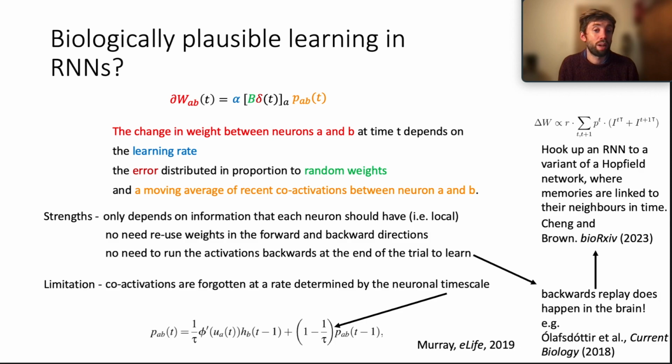Cheng and Brown proposed a biologically inspired learning neural network that they described in their preprint on bioRxiv. There are many details here, but I think the interesting one for us is that they have proposed to connect one RNN to a second RNN that looks a lot like a Hopfield network that we studied several videos ago, but with one crucial difference.